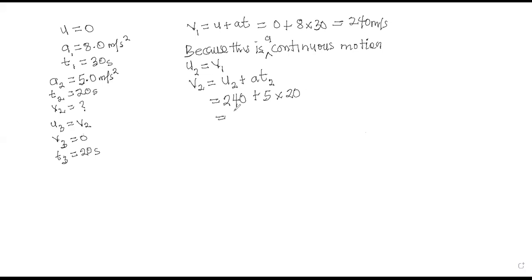This is giving us 240 plus 100, that is 340 meters per second. So this becomes V2 when the acceleration is reduced to 5 meters per second squared. Please, any question here?